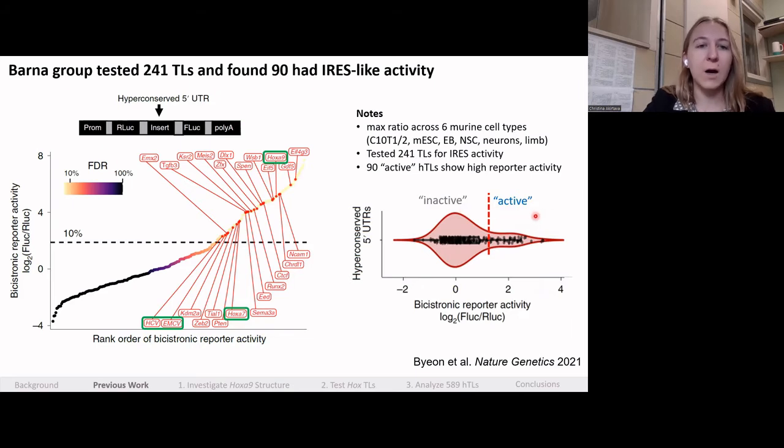The active transcript leaders, they concluded, could have potential IRES activity. Meanwhile, the inactive ones are less likely to have FLuc activity. In this active group, they found 90 different transcript leaders.